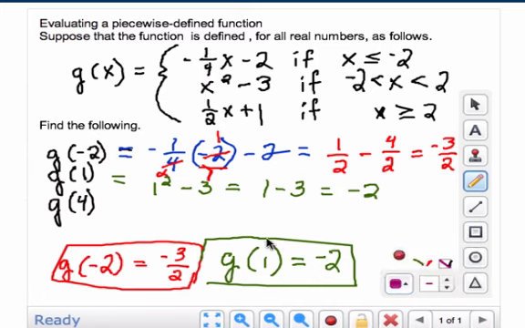Okay, we have one more function to evaluate here. g of 4 means what is my output when x is 4. We come up here and see that 4 falls into this region, since 4 is greater than or equal to 2. So I'm going to plug it into this part: 1/2 times 4 plus 1.